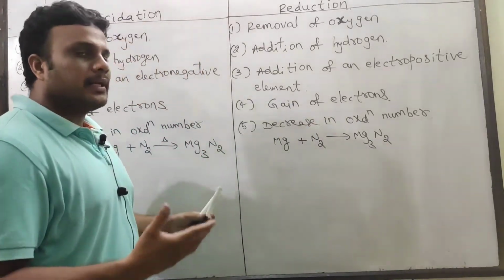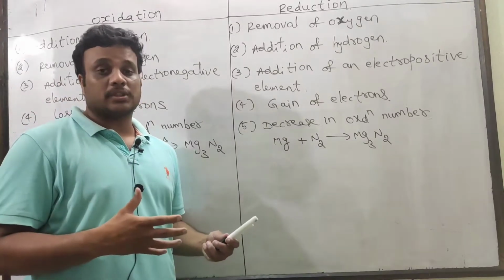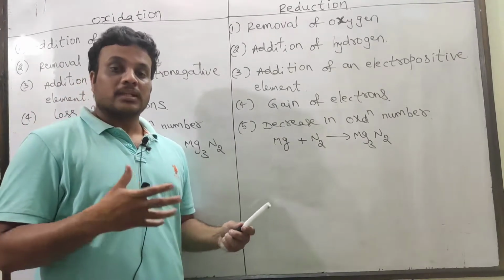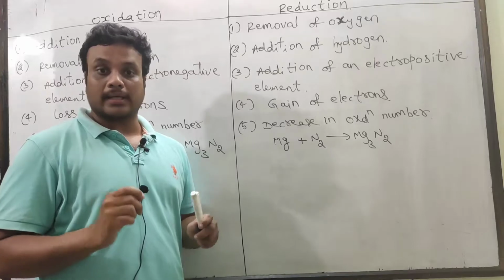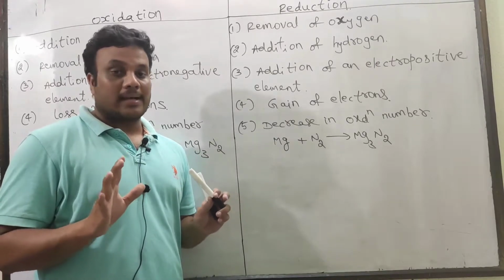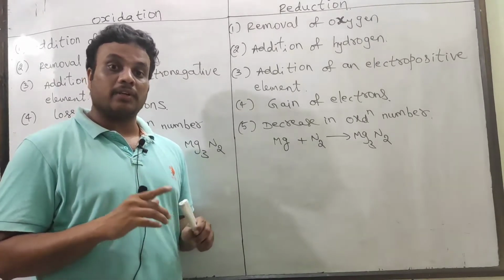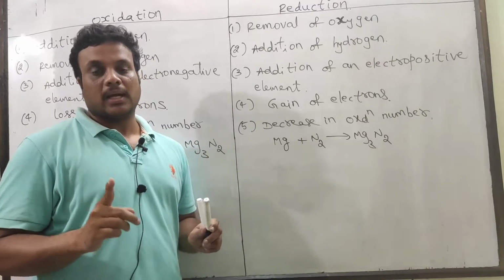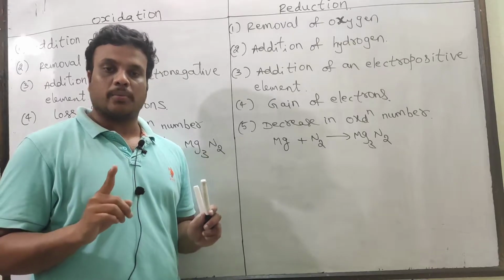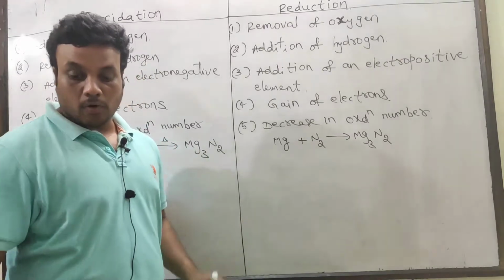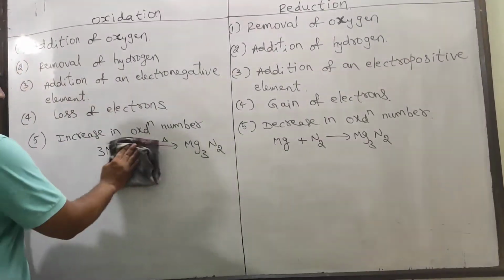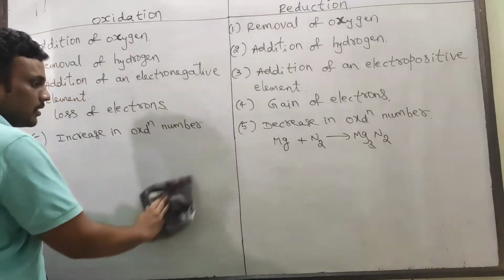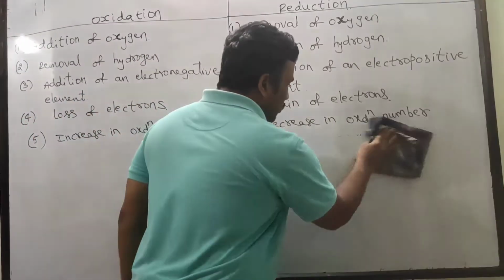In general, in any overall reaction, if one substance undergoes oxidation, a second substance must undergo reduction. There is no complete reaction in which only oxidation or only reduction takes place. Where there is oxidation there should be reduction, in the overall reaction, not in half reactions. This is a very simple concept.